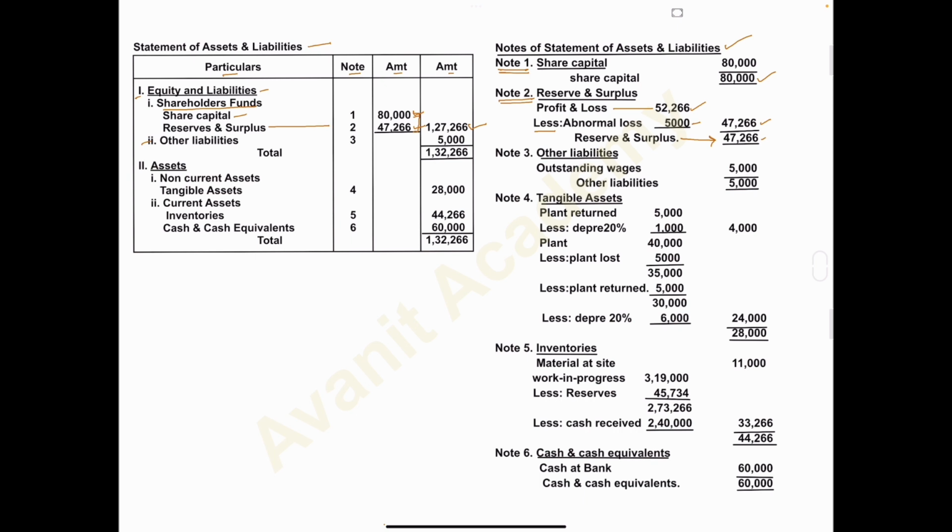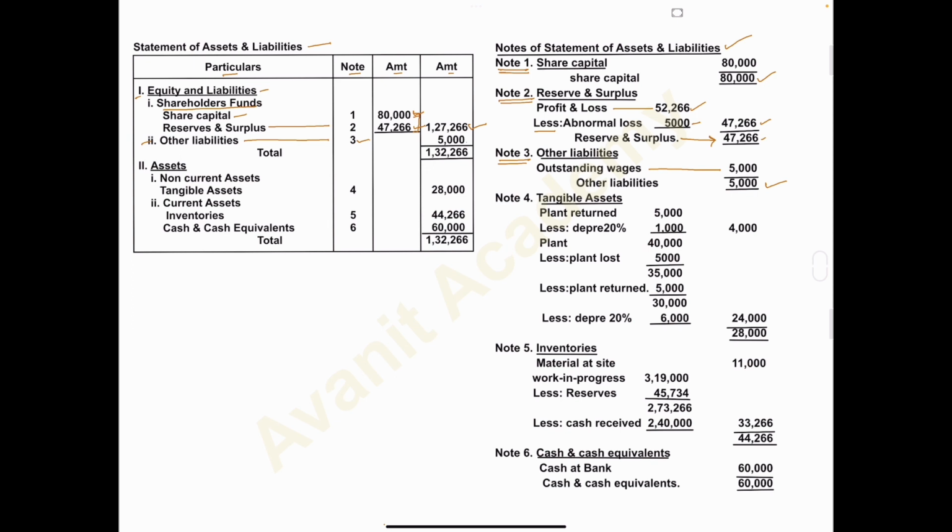Second one, other liabilities. For that, we have to prepare note number 3. See the note number 3, other liability. So in this problem, there is an outstanding wages. So outstanding wages is a liability, and the outstanding wages amount is 5,000. Same amount we will write here, and this one we will take here in other liabilities.